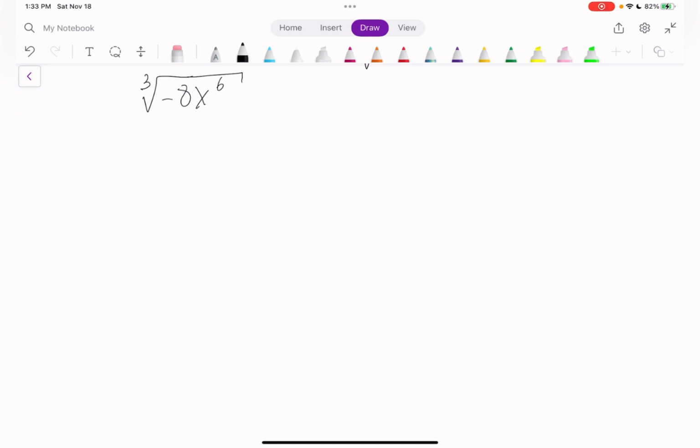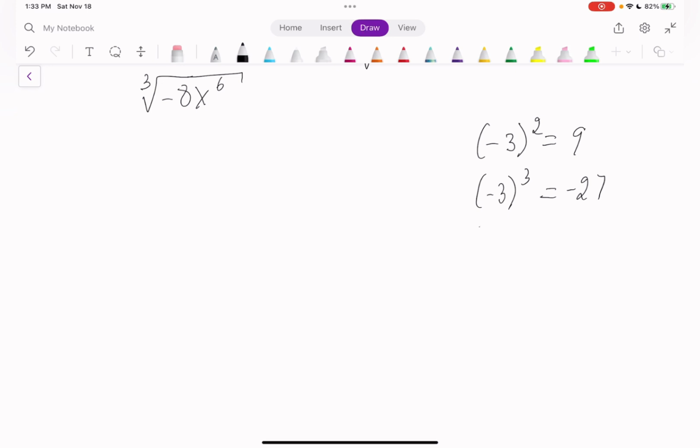Let me take negative 3. Negative 3 to power 2 is going to be positive 9. But if I take negative 3 to power 3, I'm getting negative 27, correct? Because 3 times 3 times 3, with negative 3 times negative 3 times negative 3, you end up with negative 27.